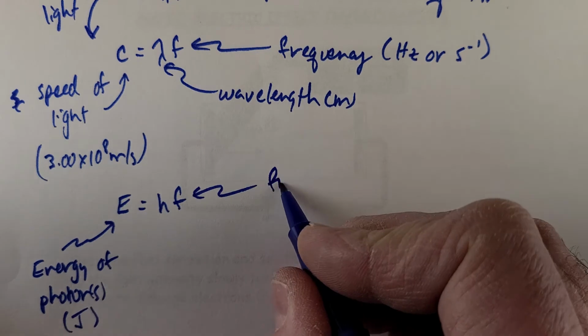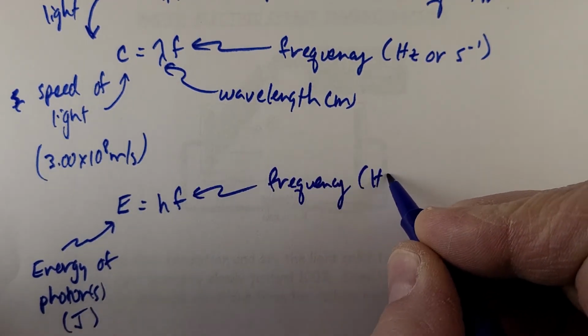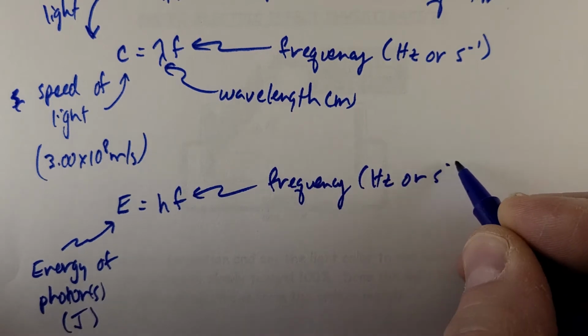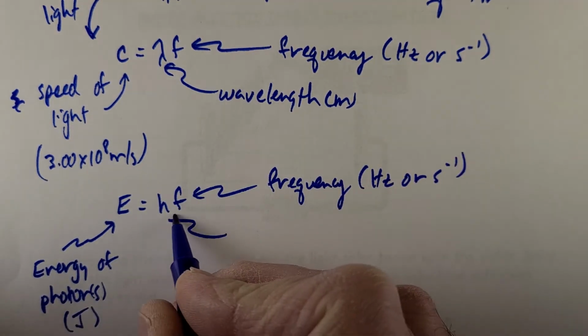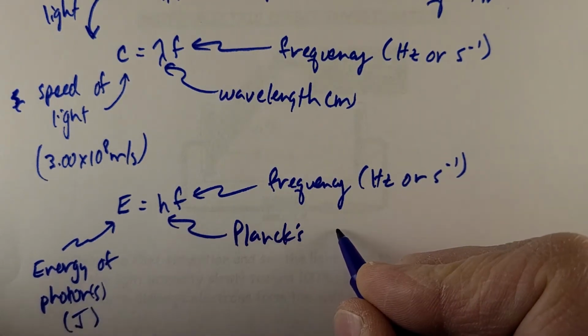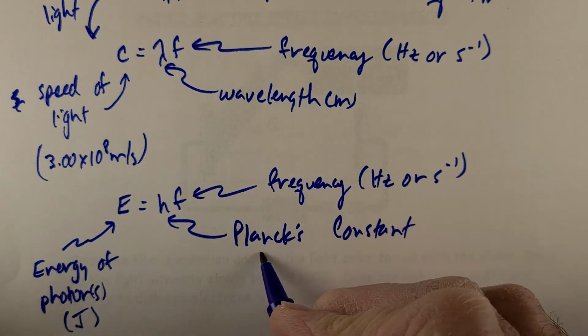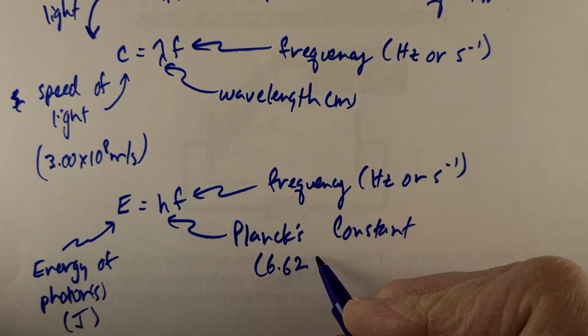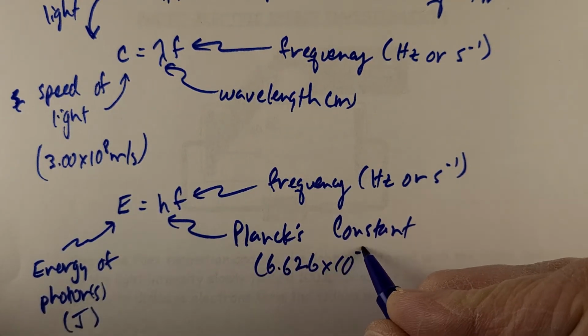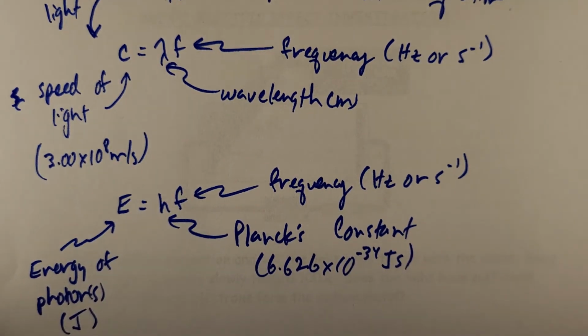Frequency, again, is Hz, hertz, or seconds to the -1. And h is Planck's constant, which we looked at earlier, 6.626 times 10 to the -34 joule seconds.